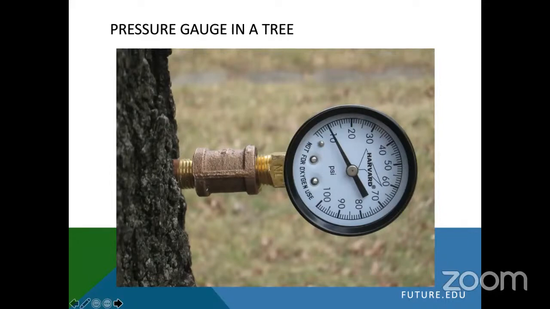I got pressure. Why is the tree building up pressure? Because it's got to dissolve those gas bubbles that came out of solution when the vessels froze. It's got to get them back into solution. And it pressurizes the trunk in order to dissolve the gas bubbles.